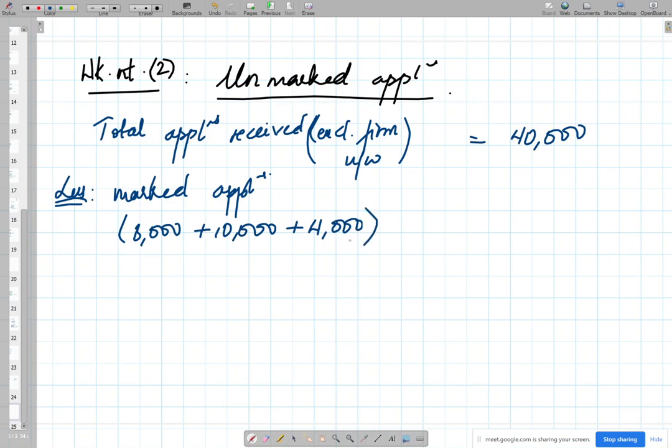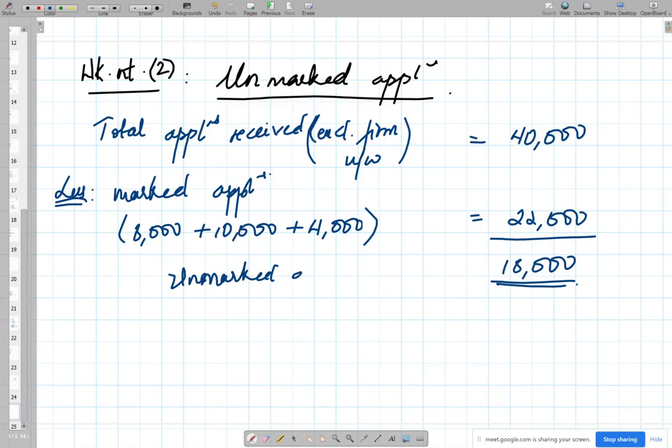Right? So how much does that give you? Total marked applications of 22,000. Am I right? So if you remove the marked applications, you are left with 18,000 unmarked applications. Now, pay very good attention to this.